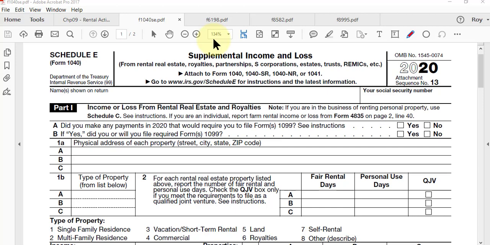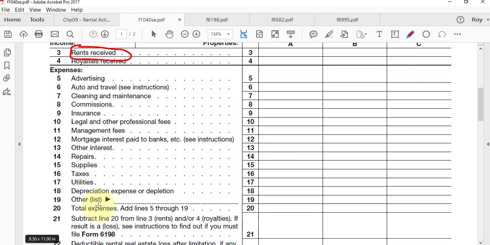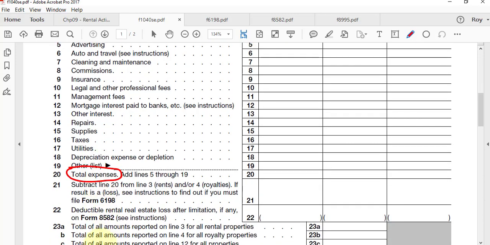So in previous videos, we've learned how to fill out this Schedule E for rental property. So let's assume that the amount of rent we've collected for the year is less than the total expenses we have for the year, resulting in a loss. But for the loss to be deductible, we have to pass a couple different tests reported on these two different forms.